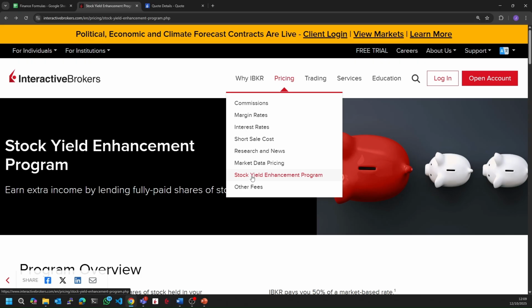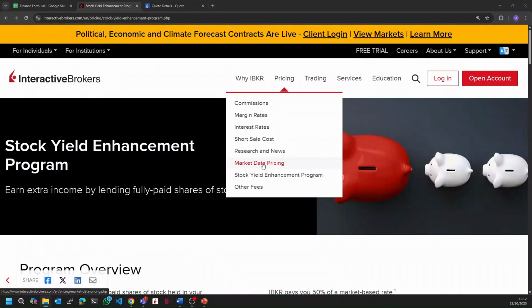I subscribe personally to this yield enhancement program, but I have never received any commission, maybe because I'm holding papers that are not interesting for high volume traders. I'm usually just holding ETFs.